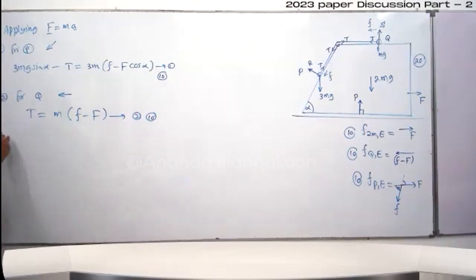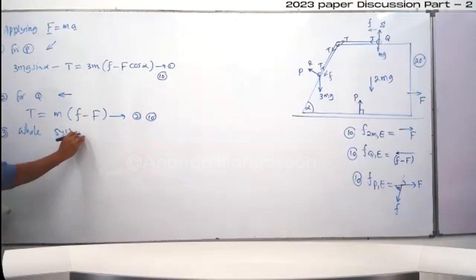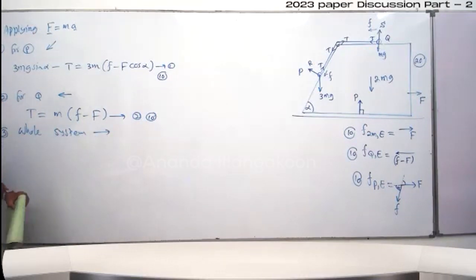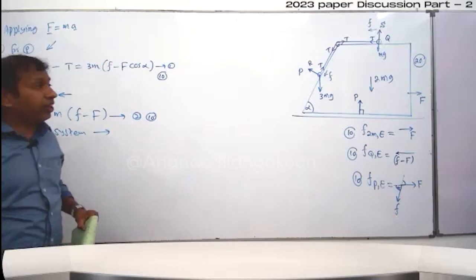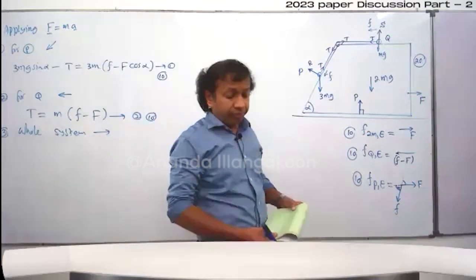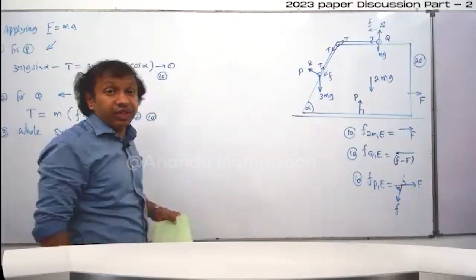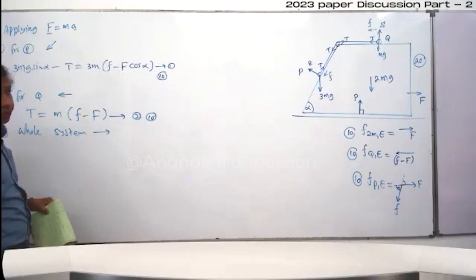Next one, number 3, for the whole system. Applied rightward. People, what is the external force acting on the whole system? External force is 0, no force externally acting.